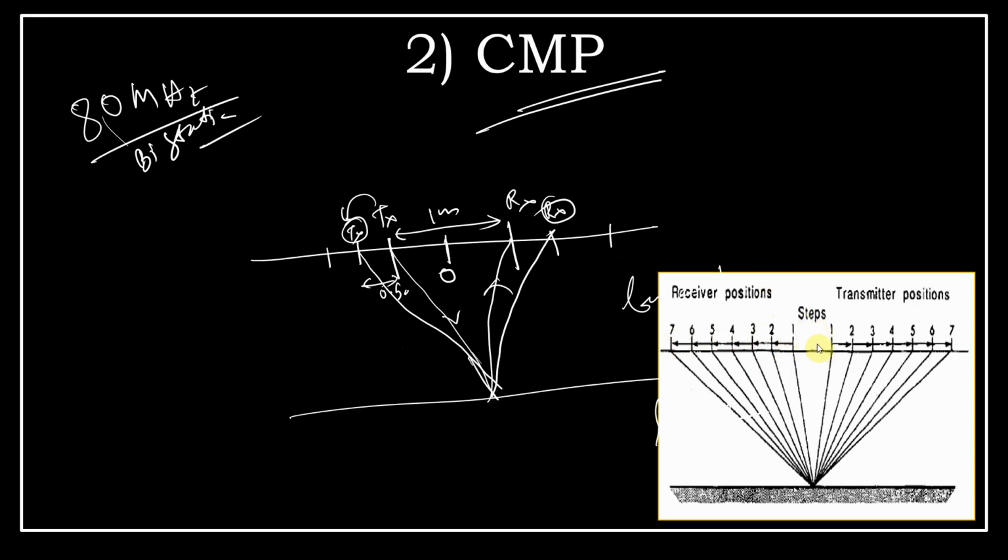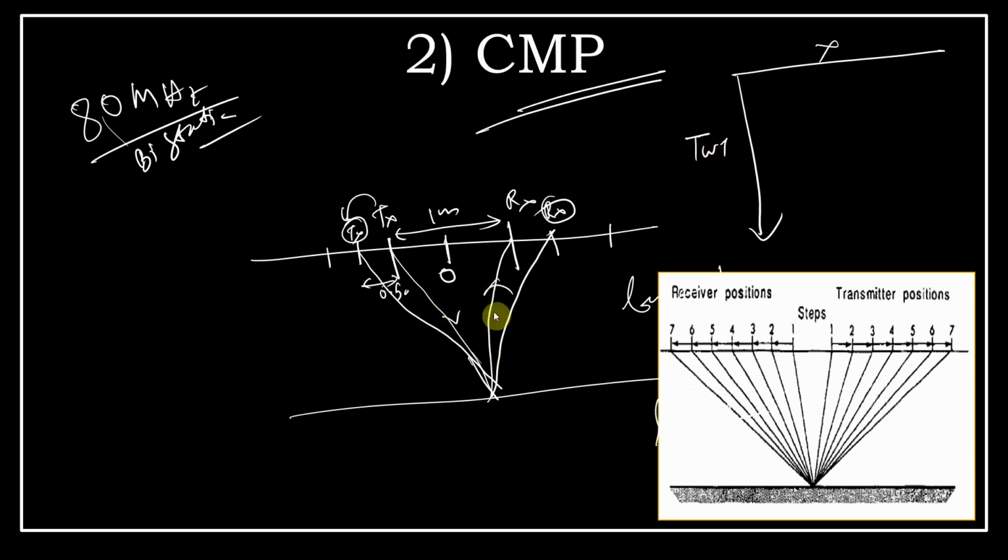At 1 you can see the mark here, that means transmitter and receiver at position 1. Later you have shifted the transmitter, see here the arrow is there, into position 2, and the receiver into position 2. By doing so, you will have an offset versus two-way travel time.